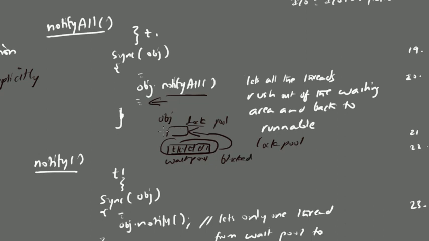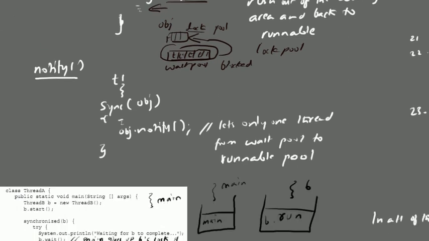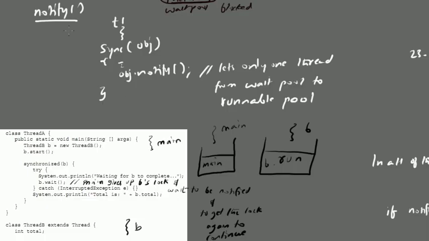Once the lock is available, one of these would be picked up and moved to running state. Notify is similar to notify all, except that it only picks out one thread from the wait pool and puts it to the lock pool of an object.